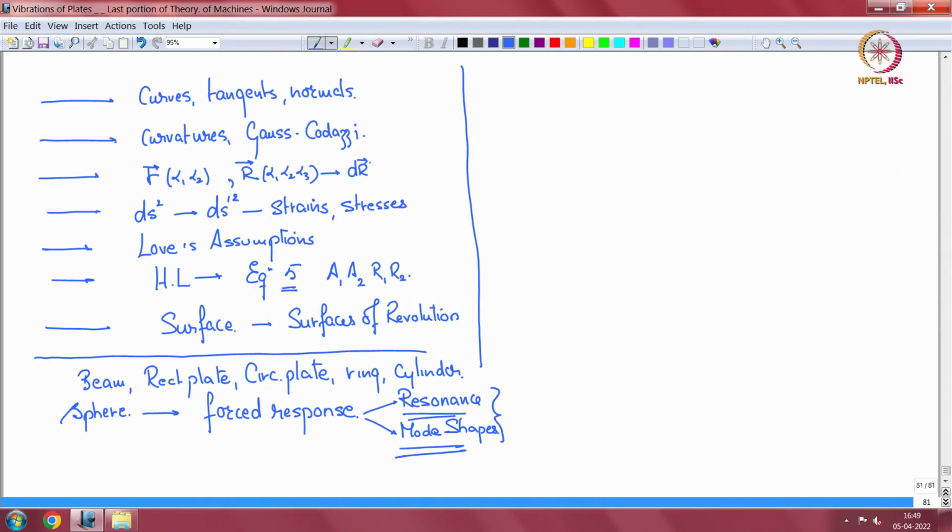Once these two important modal parameters are known, we can go ahead and find the force response. So we are going to look at resonances and mode shapes for a number of systems now, before going to the force response.